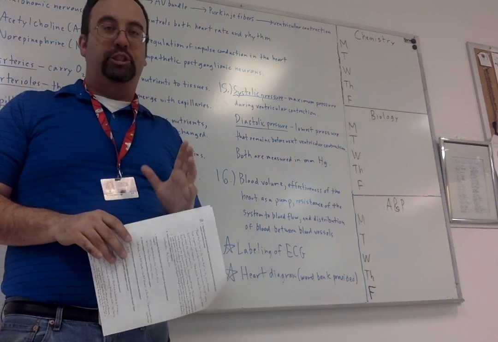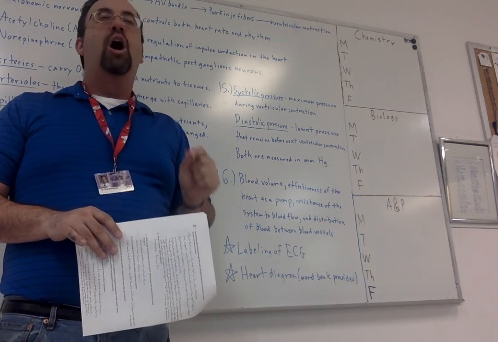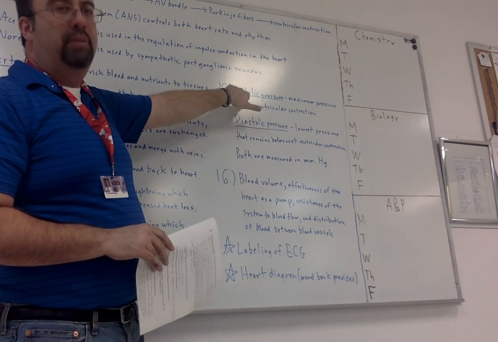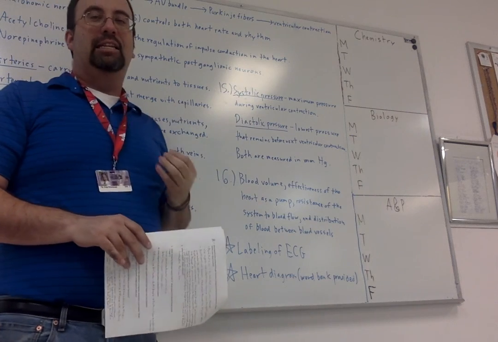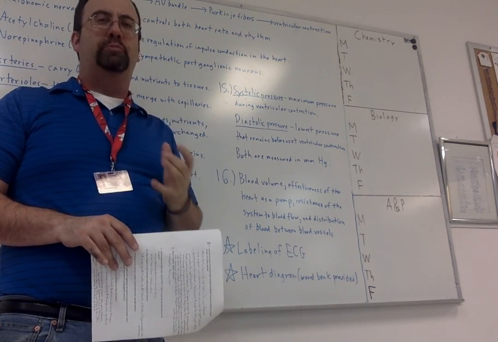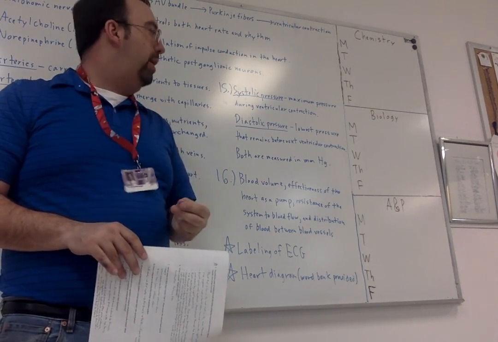So it's a unit of pressure. And so a normal blood pressure, again, is 120 over 80. So the 120 is the systolic pressure in millimeters of mercury, and the 80 is the diastolic pressure, also in millimeters of mercury. So your normal blood pressure should be 120 millimeters of mercury over 80 millimeters of mercury.